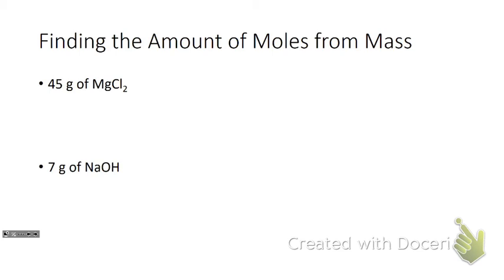So first thing that we need to do here is find the molar mass of magnesium chloride. Magnesium has a molar mass of 24.31 grams per mole.